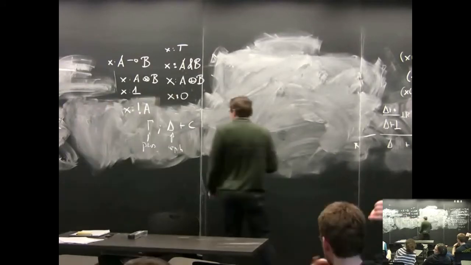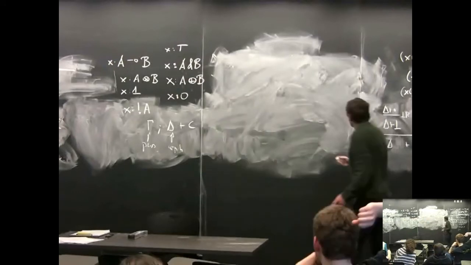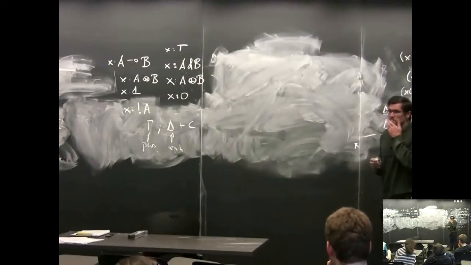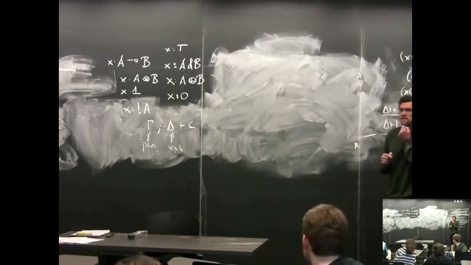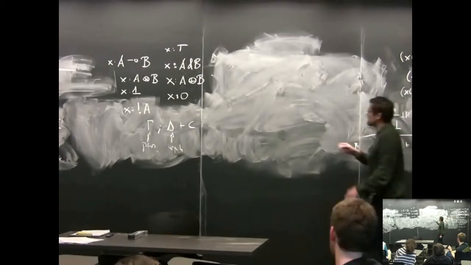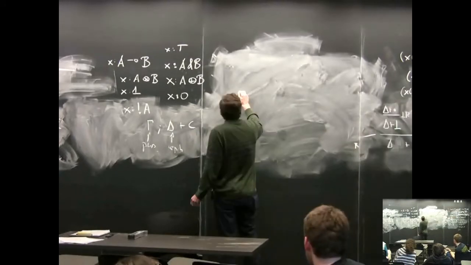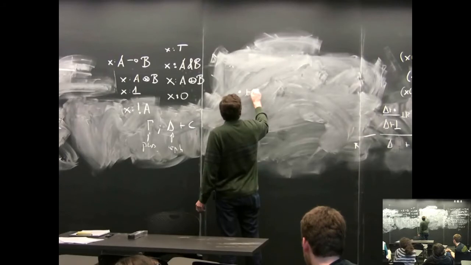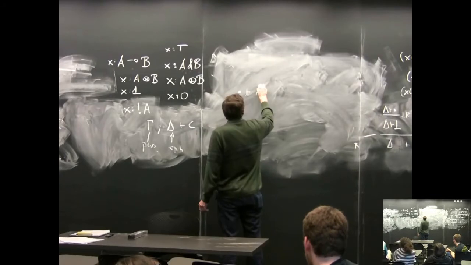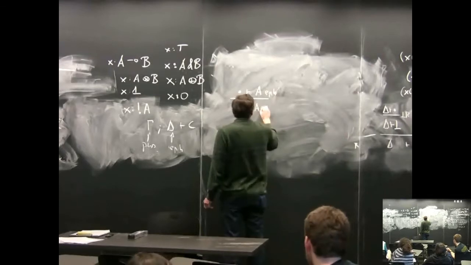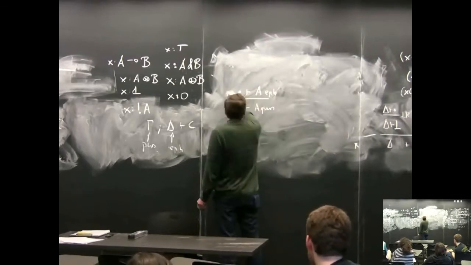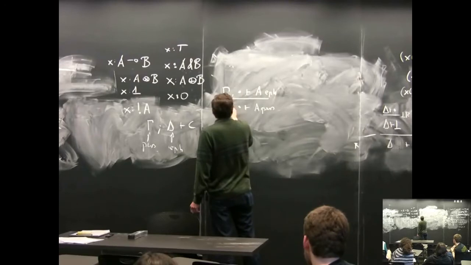So what were the rules for persistent assumption? Yeah, Anton? Something like: if you can prove A with an empty ephemeral context, then you can prove it persistently. If you can prove A with an empty linear context, then A is true persistently, and it's okay to use persistent assumptions.